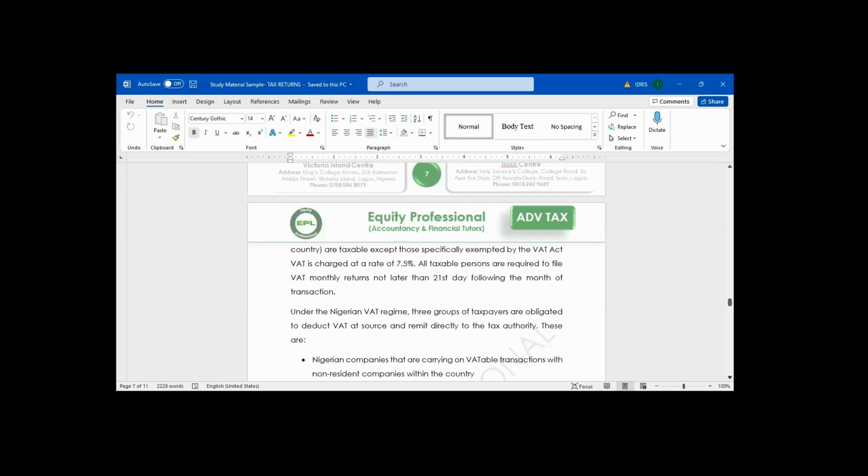It has increased the list of VAT exemptions, and it also ensured that VAT on fixed assets like plant and machinery can now be used as an offset to the output VAT.